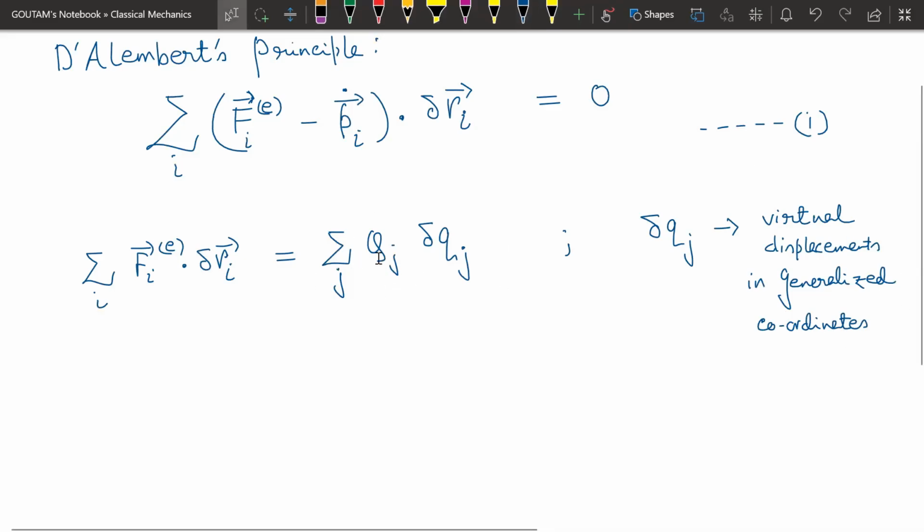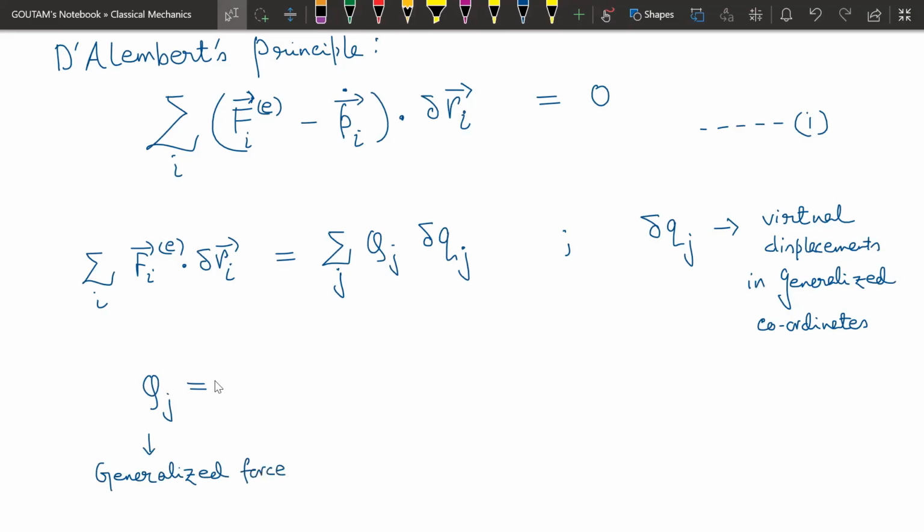And this capital Qj is called the generalized force.